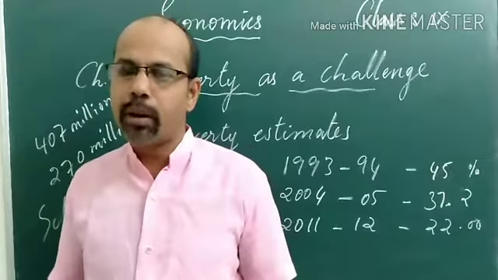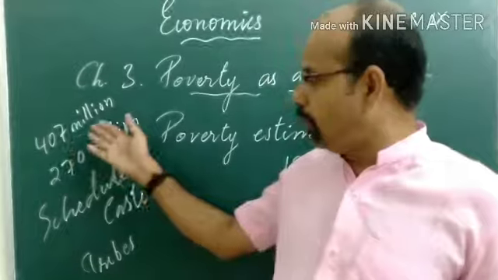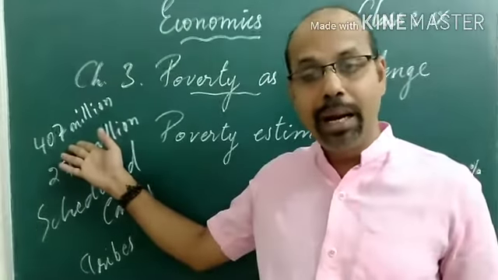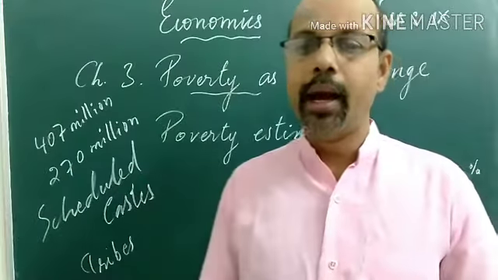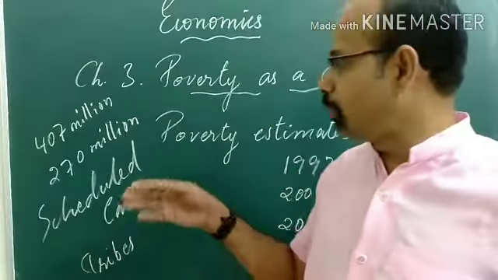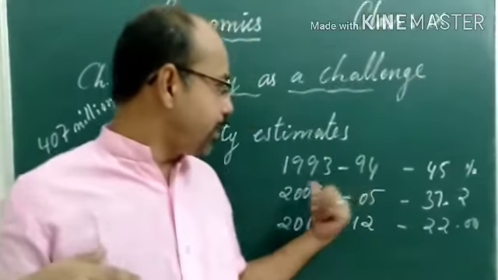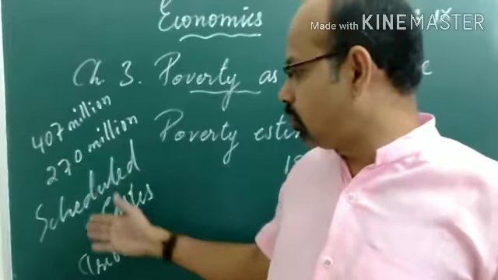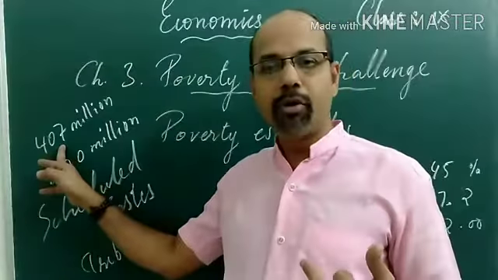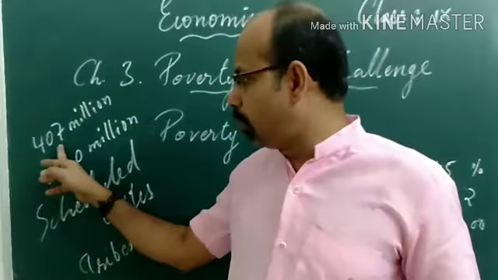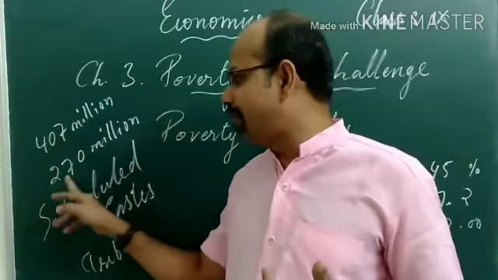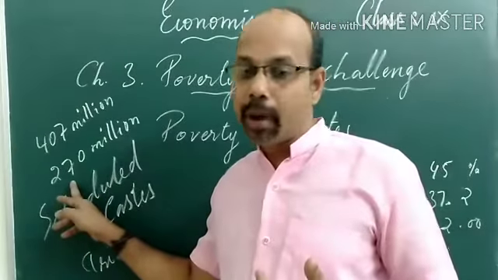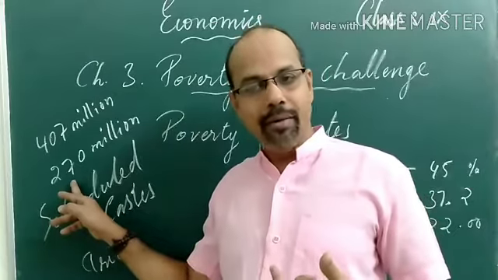The number of poor people declined from 407 million to 270 million, when we calculate from the previous years.